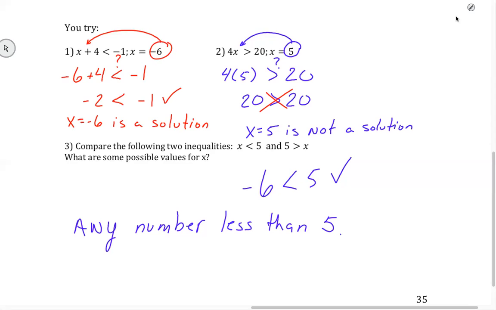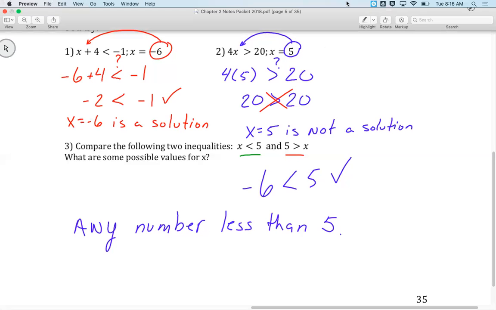I'm eating the 5. So in this one right here, notice the mouth is opening towards the 5. And in this one, the mouth is still opening towards the 5. So it is the same thing. Any questions? No? All right. Let me end this.